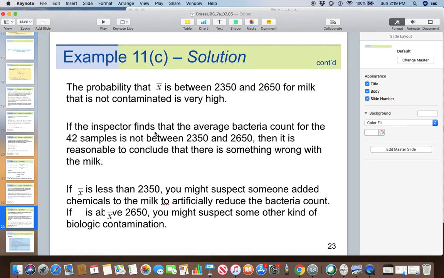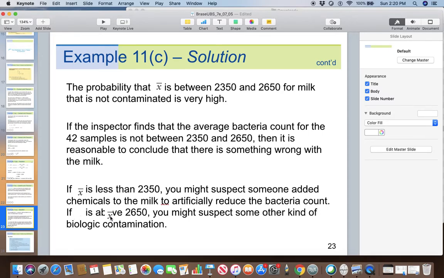Now, if the inspector finds that the average bacteria count is not between these two, then it is reasonable to conclude that something is wrong with the milk. If you're below this or above this, then something is wrong with the milk. If X bar is less than the lower number, you might suspect someone added chemicals to the milk to artificially reduce the bacteria count.